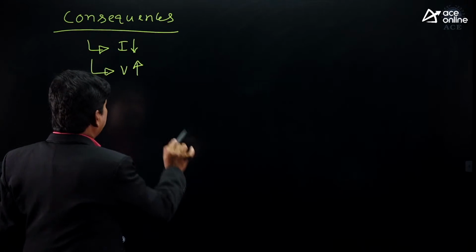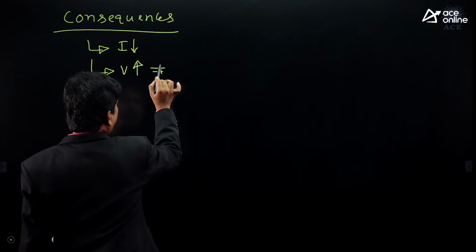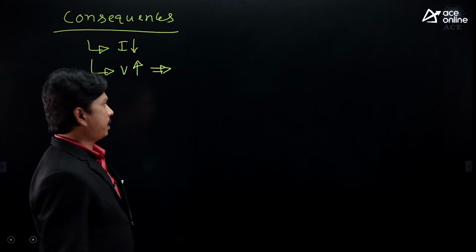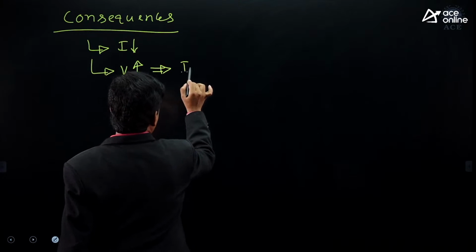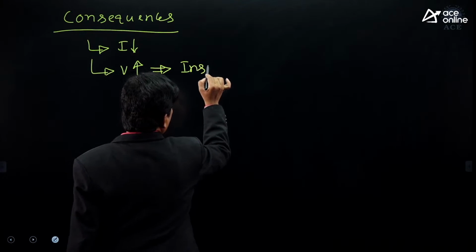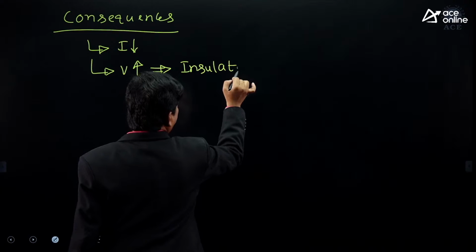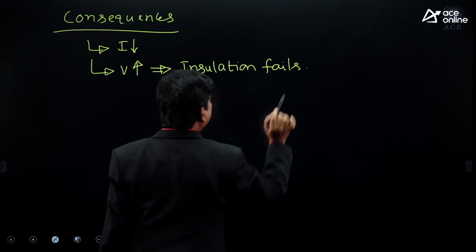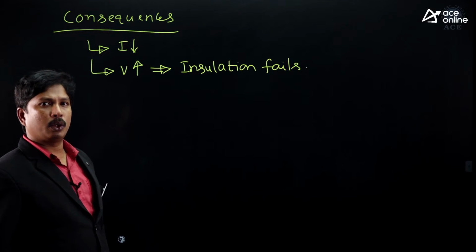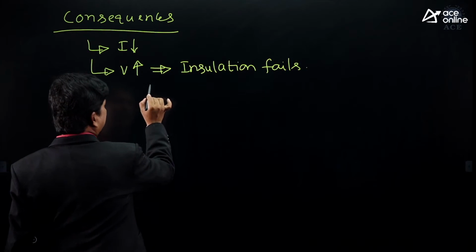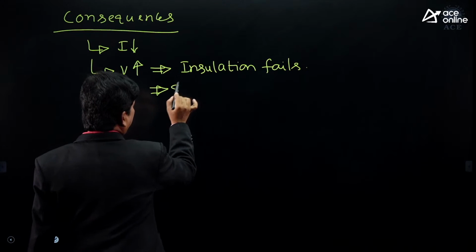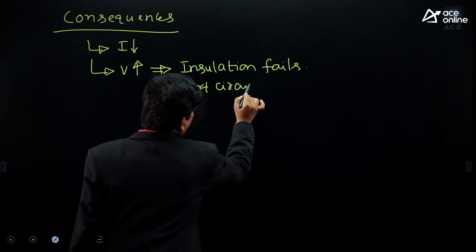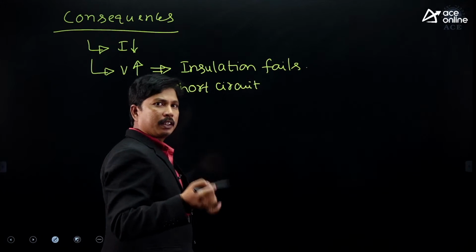Whenever the voltage is increasing, we can say the insulation of the loads connected to it will be damaged. So insulation fails. Whenever the insulation fails, then short circuits will occur. So because of open circuits, we are having short circuits.